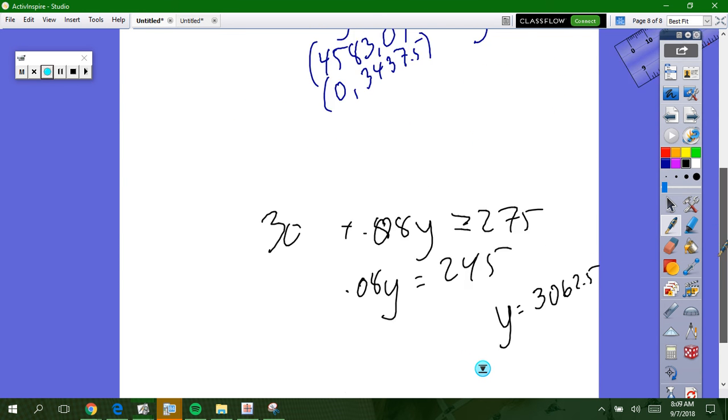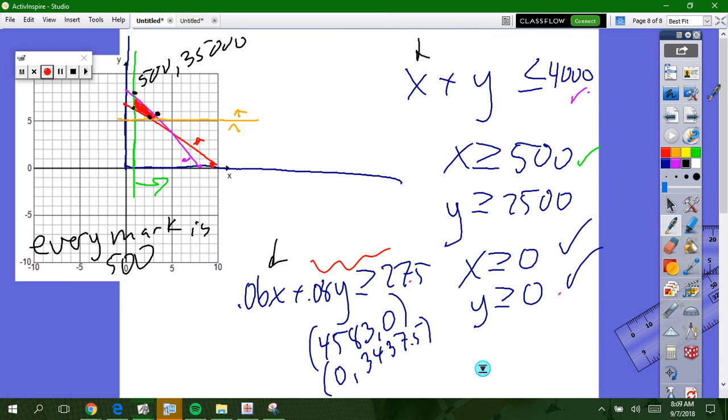So this point right here is 500, 3062.5. So what we're doing is we're finding the boundaries. Does that make sense? And that's where these intersection points are.